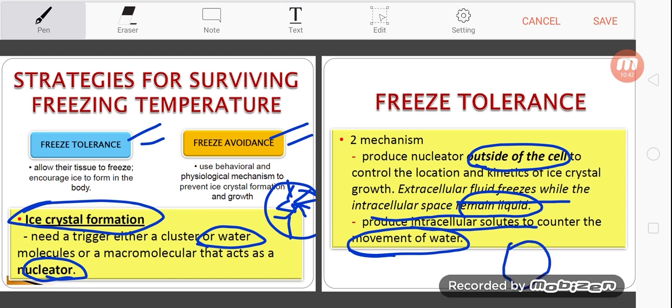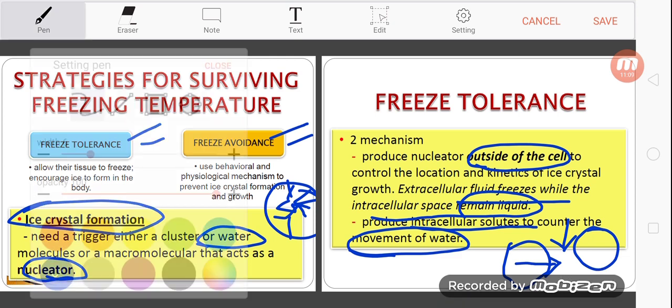Once we have the cell, and the outside here starts to freeze, in terms of particle concentration, or the movement of water, the water tends to go out, right? But to balance back, to counter this, the inside of the cell will produce intracellular solute.